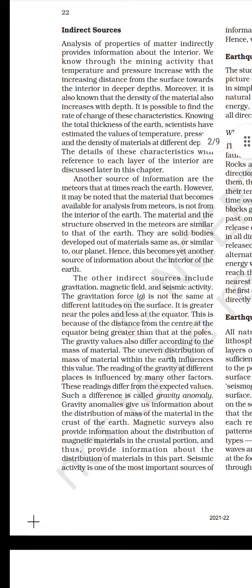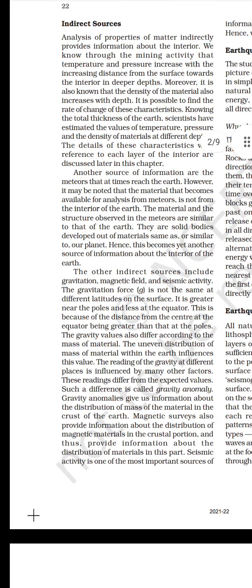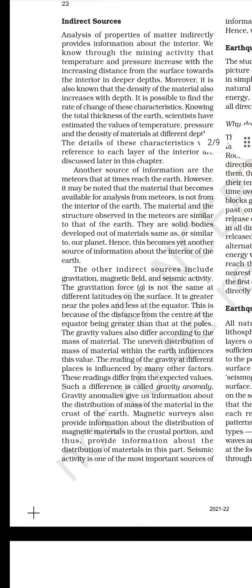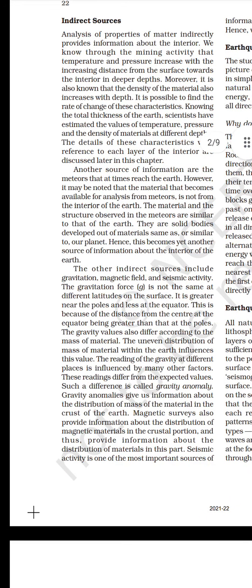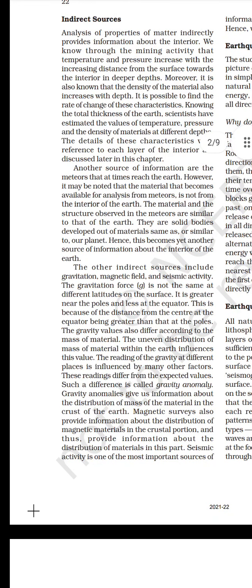Indirect sources. Analysis of properties of matter indirectly provides information about the interior. We know through mining activity that temperature and pressure increase with increasing distance from the surface towards the interior in deeper depths. Moreover, it is also known that the density of the material also increases with depth.